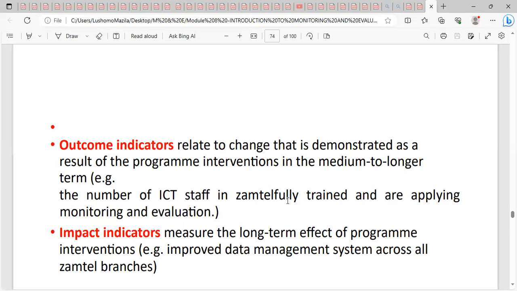So the number of students who have been trained, if we end it there, that would be an output, because we're just looking at who have completed the training. But if we go further, by the outcome, we are looking at not just being trained, but applying the monitoring and evaluation. So what will be the denominator for this? If you are to look at the number of people who have been trained and are applying, what will be the denominator?